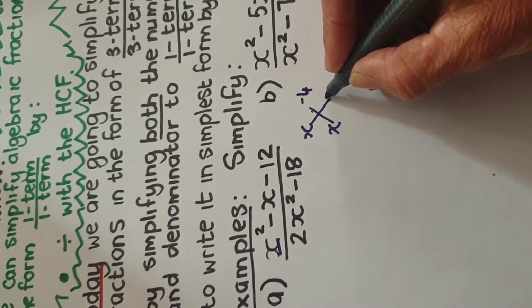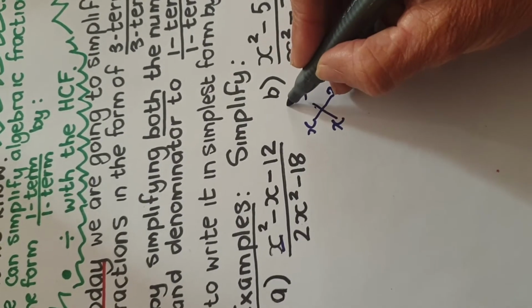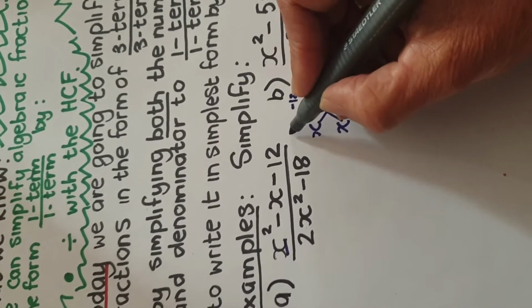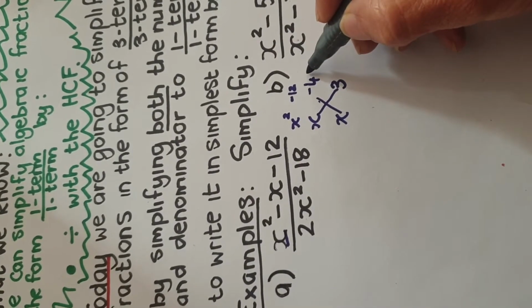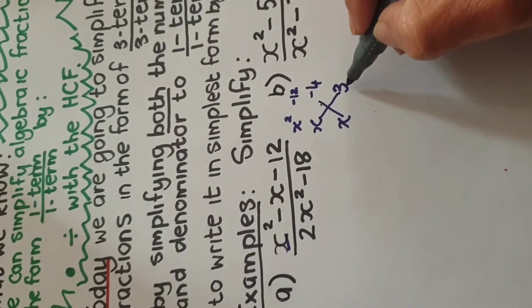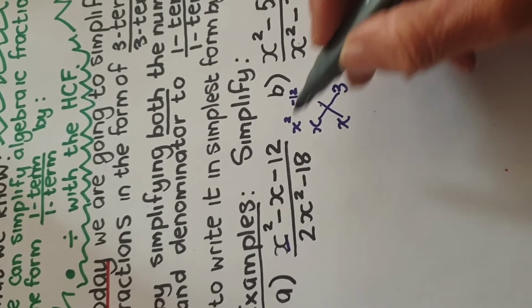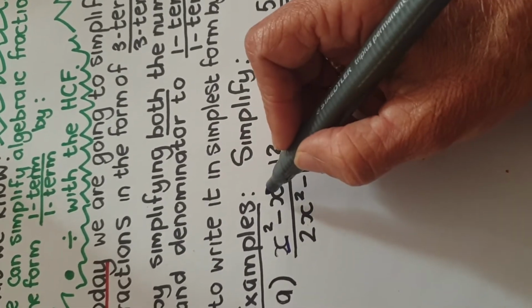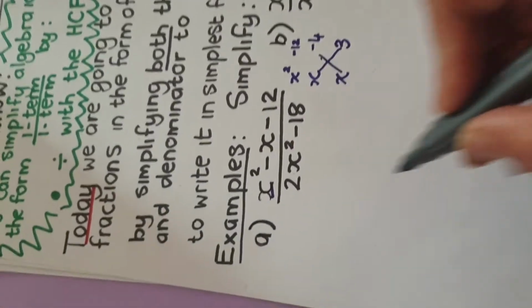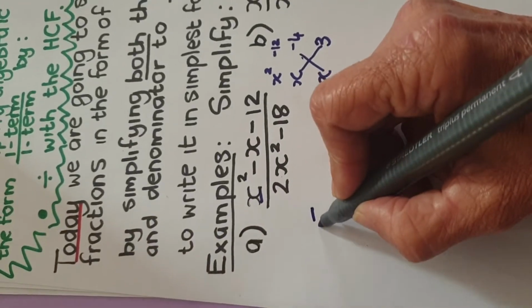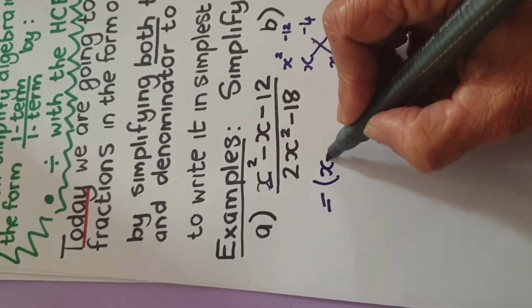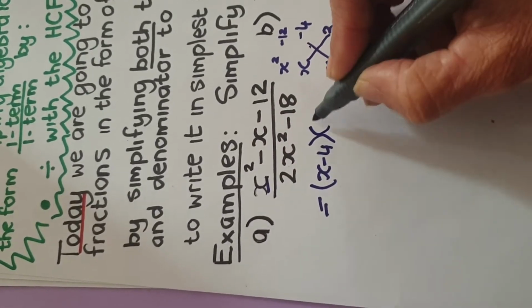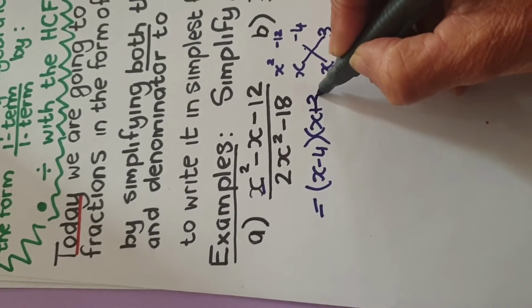And I multiply with 3, then I'm going to get negative 12 there, and I'm going to get x squared there. My outside terms give me minus 4x, and inside terms give me 3x, which will give me the negative x I want. So that means my factors are my two brackets, x minus 4 times x plus 3.